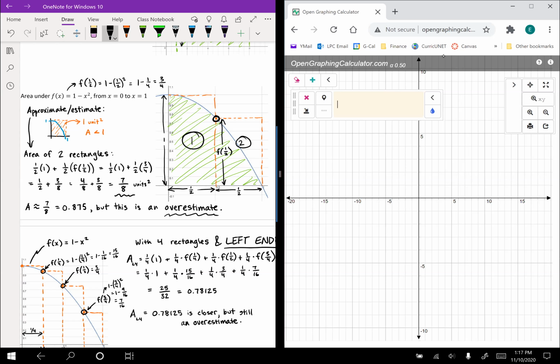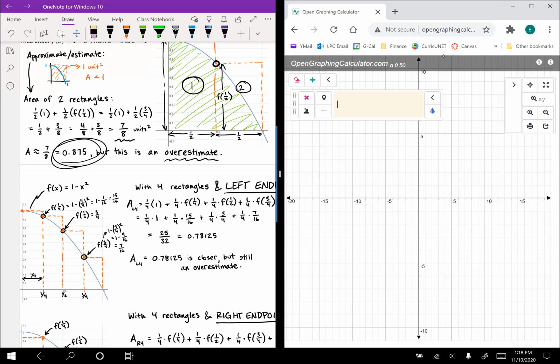We got 0.875 units for that estimate. We knew that was an overestimate. Now, we went to 4 rectangles and we brought our estimate down to 0.87125, which is still an overestimate, but we were getting closer to the actual area.